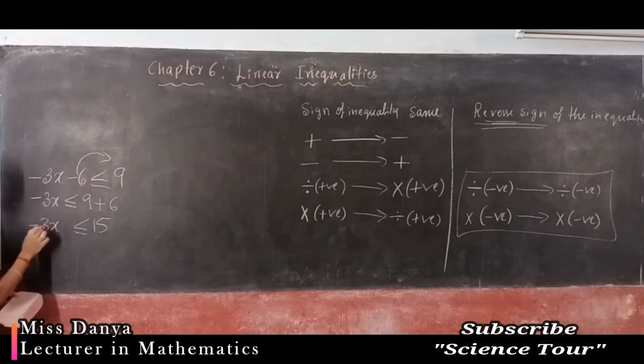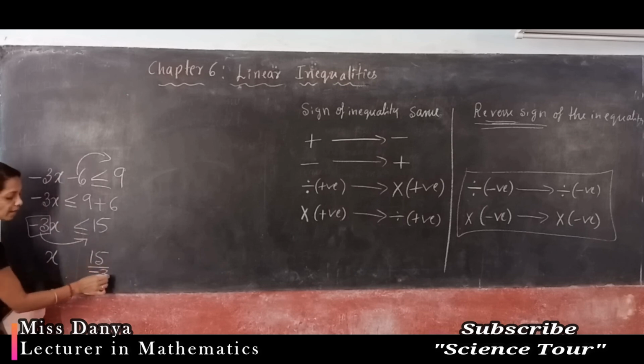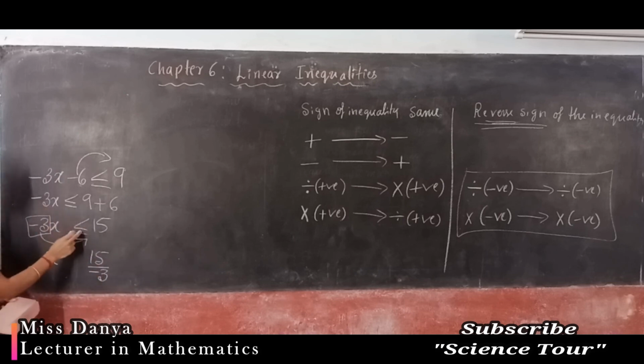Now you see here, multiplying by a negative number, we have minus 3 with x. Now we are shifting it to the other side as division by that number. On the other side you have 15, and we are shifting the multiplication by minus 3 as division by minus 3, but the inequality symbol you have to reverse here. You should not use the same symbol; you have to write greater than or equal to. Why?